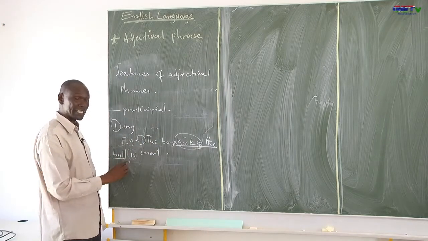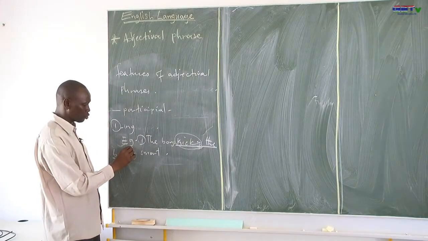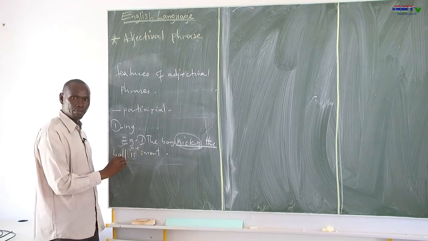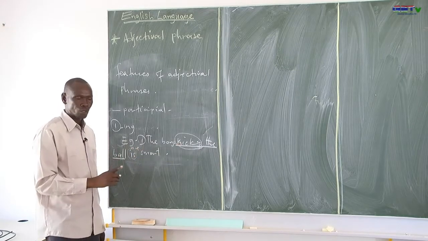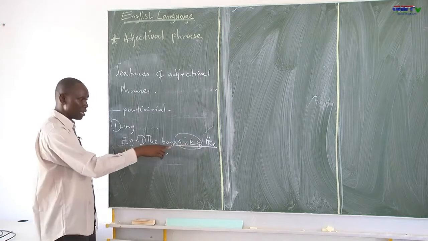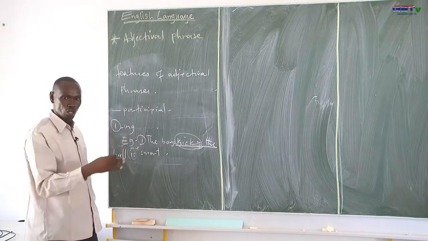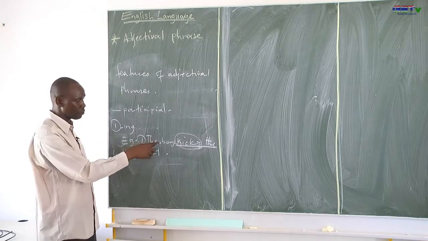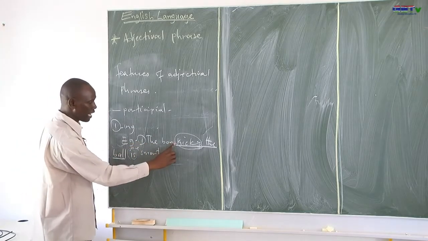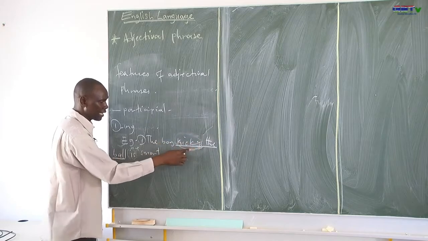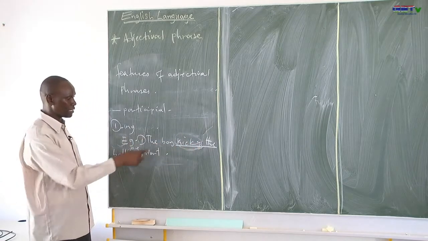This "is", which is outside the underlined words, will change to "are". You get the point? But then the kicking won't change. So since there is no other verb among the underlined words, this is called a phrase. And what it does is give us additional information about the noun boy. So therefore, this is an adjectival phrase and it qualifies the noun boy.